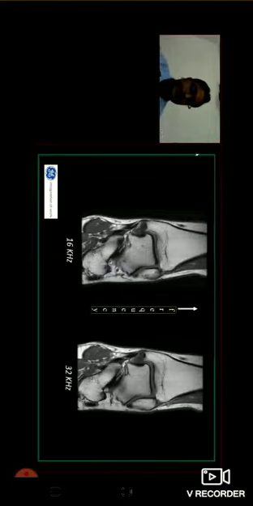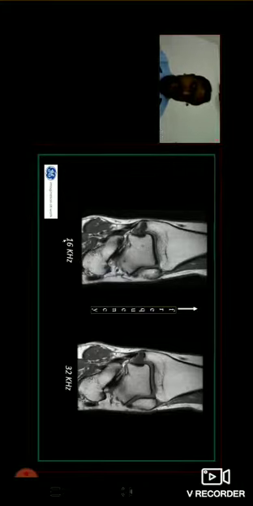The frequency direction is inferior to superior. Over here you can see there is a dark rim in the region of the bone. This is the chemical shift artifact. Over here the bandwidth is higher, almost double, but the artifact is also eliminated drastically.